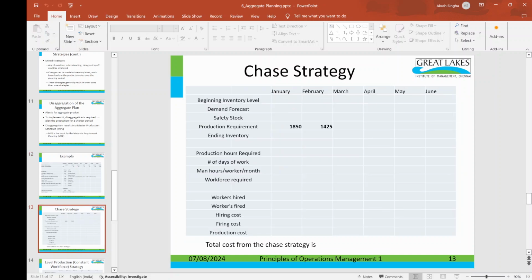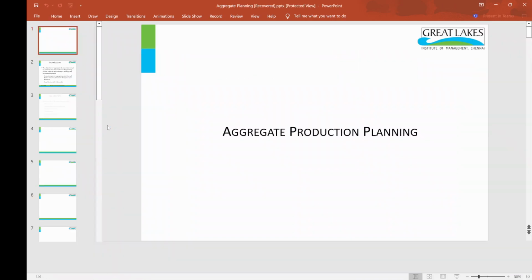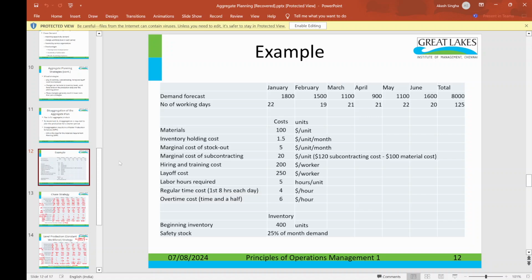Yep, this problem, I guess we have a solution for that. I'll just go through that. So this is the problem, right?